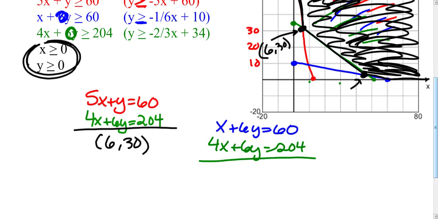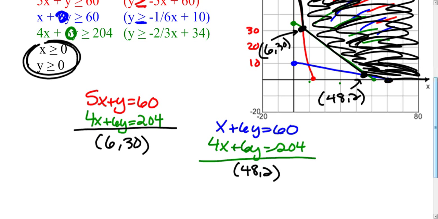Okay, I need to solve that system, again, either by substitution, by elimination, by matrices, or by graphing the lines on my graphing calculator and figuring out where they intersect. Any way you want to do that, it doesn't matter to me. But when you do that, you're going to get the point 48, 2. Okay, so this coordinate is 48, 2.